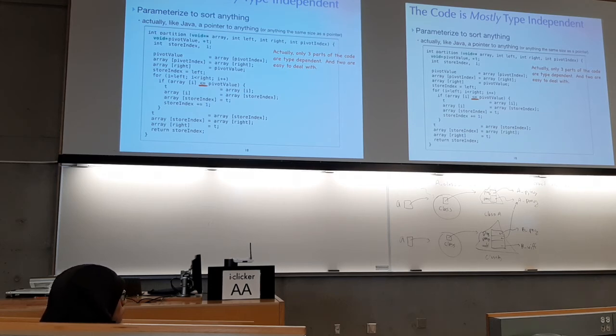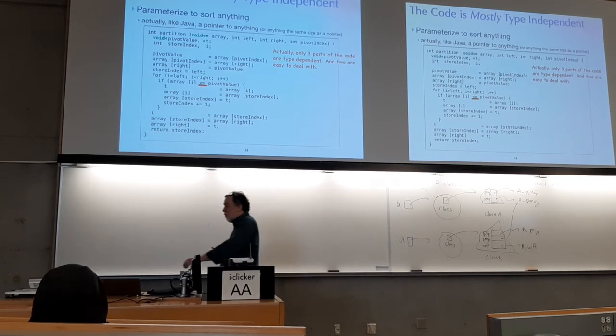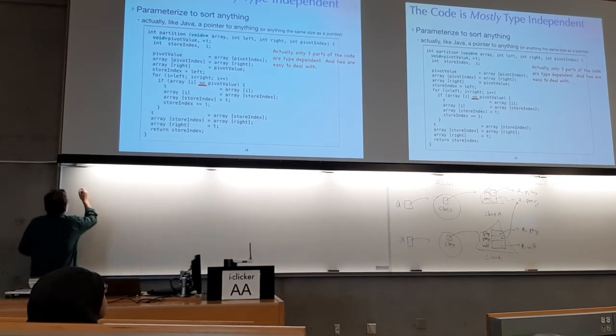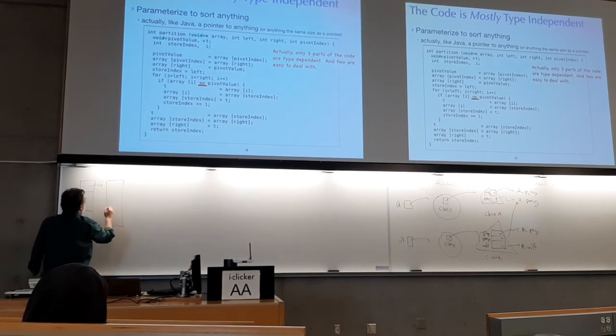And this is actually what Java does with polymorphism: you don't get polymorphism on the built-in types. You don't get an int, you get an Integer. So what would really happen is if you wanted an array of integers, you're going to have an array of pointers.